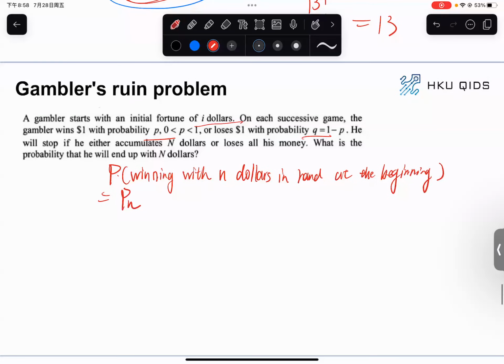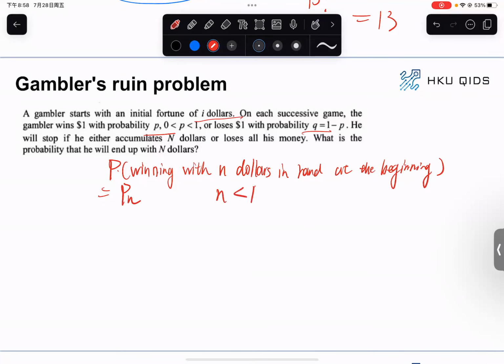And what are we going to find? This n must be smaller than N and larger than 0. Okay. We can use the equation here. So then Pn is going to be what? Pn is going to be Q multiplied by Pn plus 1, right? And plus P times Pn minus 1.